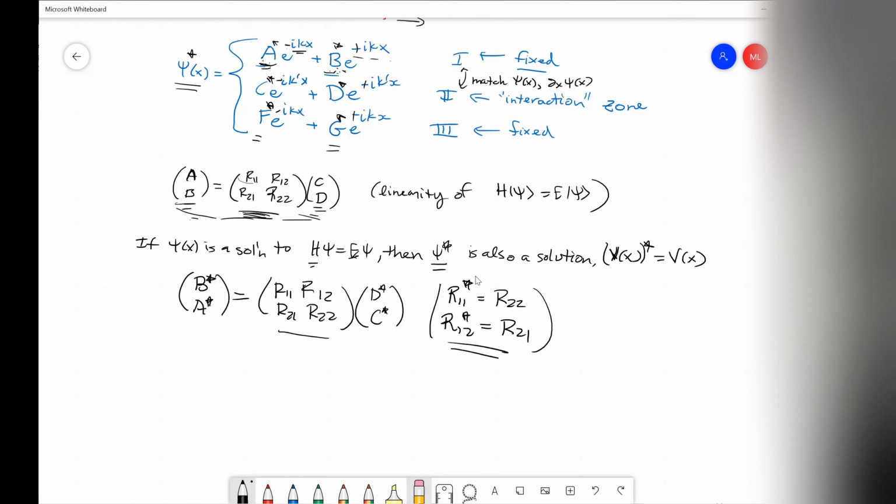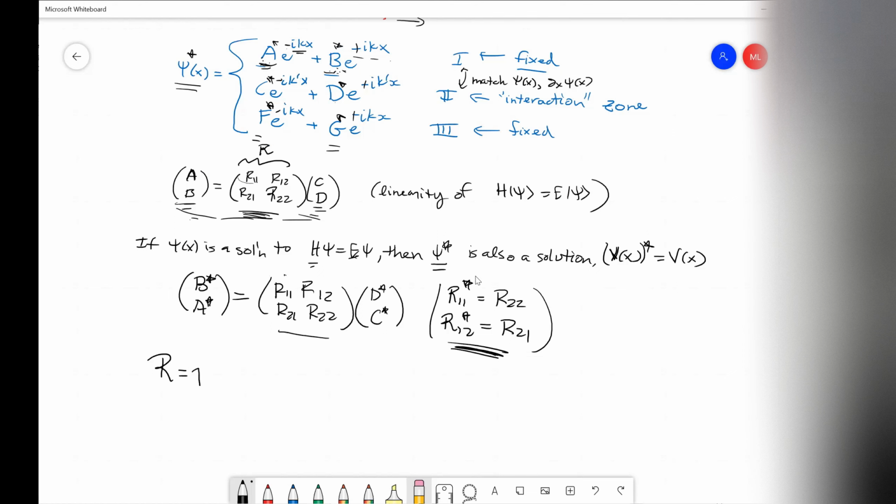Yeah, exactly. And so we could take the star of this again, and then you'd get stars everywhere here. And then this would become B, A and D, C. And then if you compare it to this, the only way that those two equations can work is if this is true. So if we call this matrix R, which is R for matching, it's just the thing that matches across the regions, then this R has the following form.